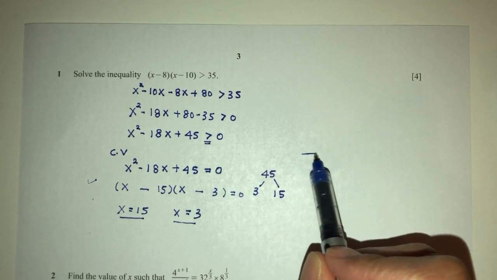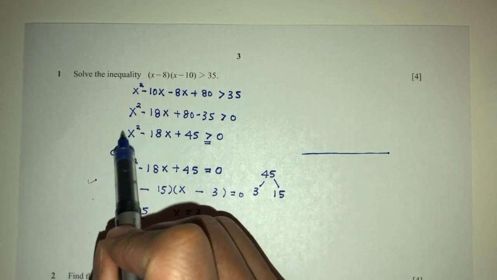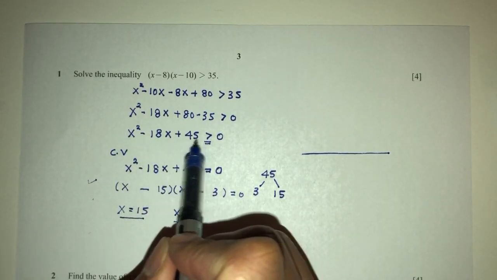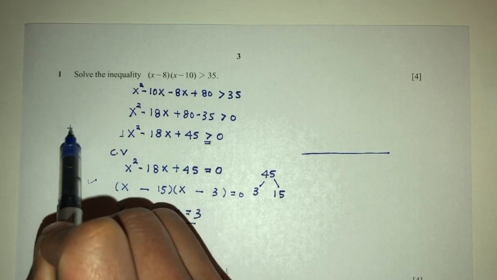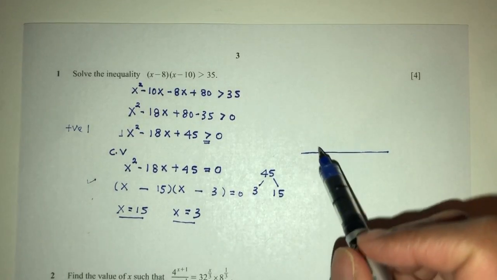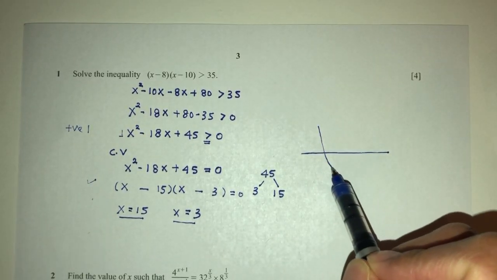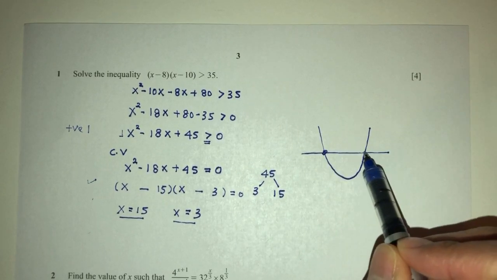So we have to go back to our graph. We realize that we have this equation. Now the coefficient of x squared is 1. It is positive 1. Because it is a positive value, we know the shape of the graph will be a minimum curve. Now these two will be the critical values.